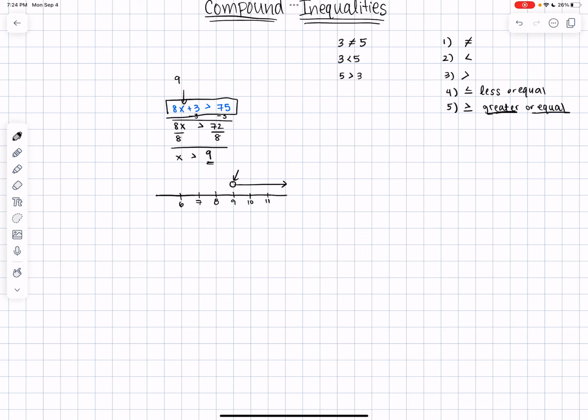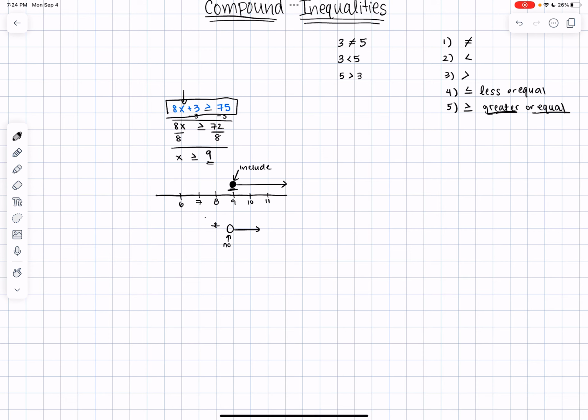So all the values have to be greater than 9, above 9. 9 is not included, that's why you don't have a full circle there. But we do have a complete full circle for this question, so it's going to be included. Included, and if it's a hole, not included. This is just for notes.